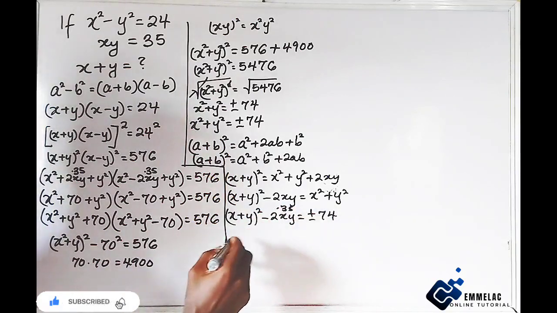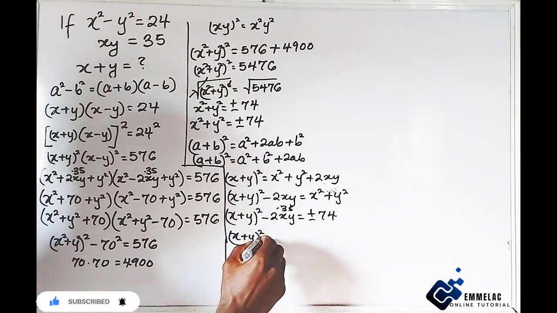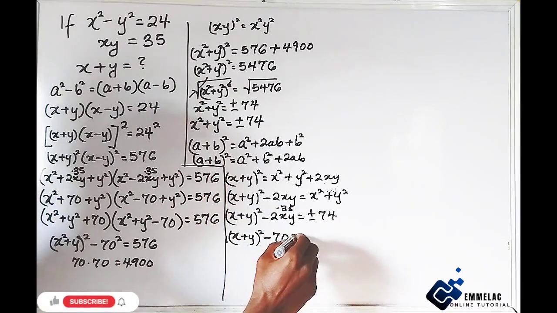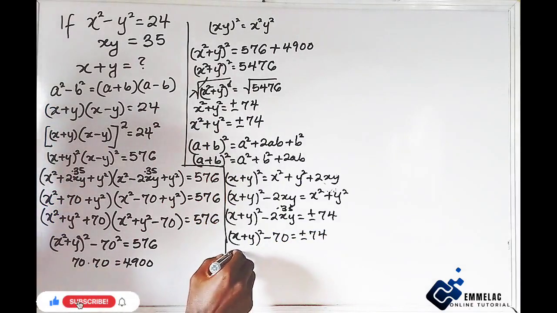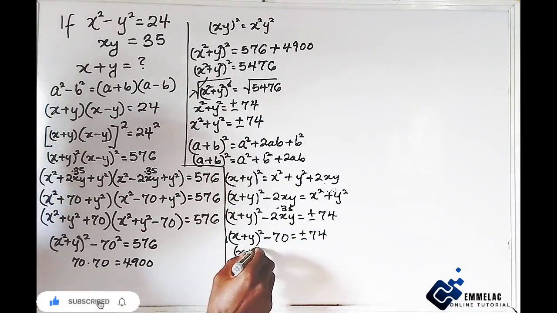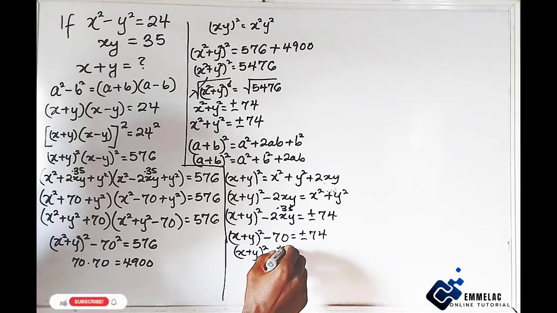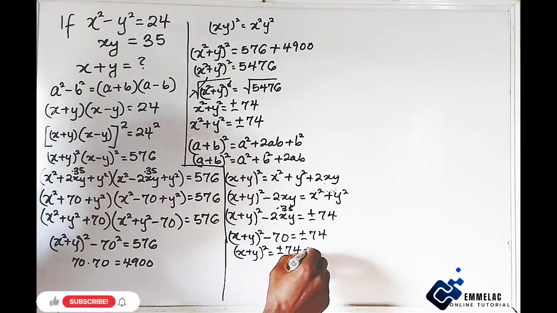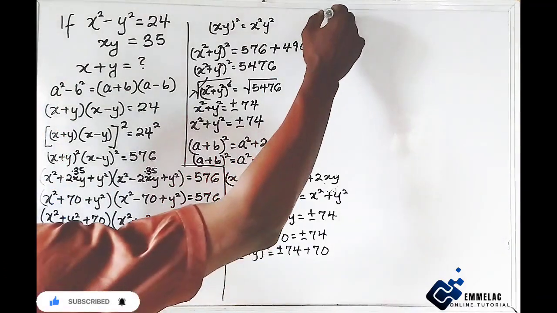So when we multiply, we have (x+y)^2 minus 70 equals plus or minus 74, which will give us (x+y)^2. Now taking negative 70 to the right hand side, we have plus or minus 74 plus 70.